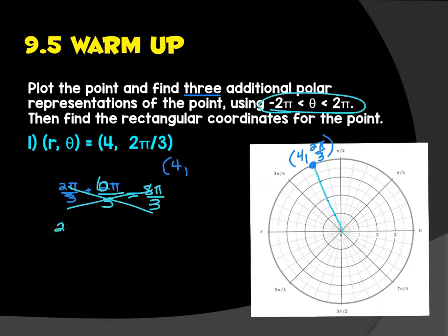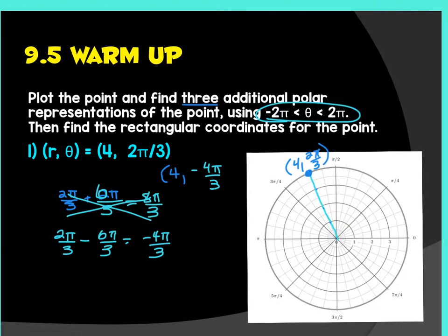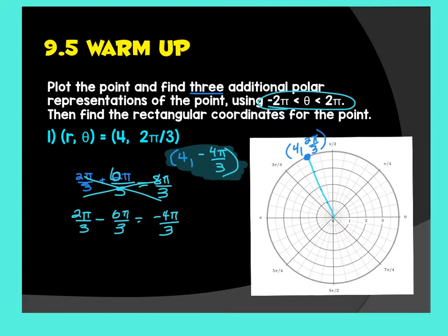So then I can try subtracting 2 pi from it, or 6 pi over 3. And I get negative 4 pi over 3, which does fall in that range. So negative 4 pi over 3, with the radius the same of 4, is the first additional polar point. If I subtract 2 pi again, it's going to be too small, right?